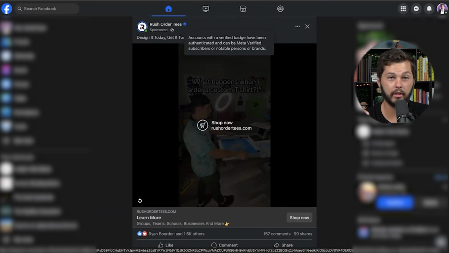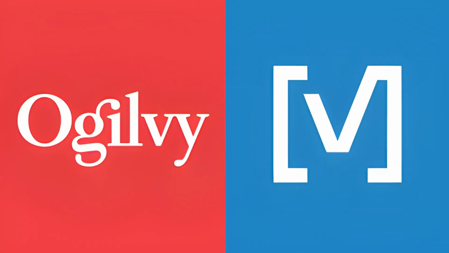And it doesn't actually look like an ad, which is where we're seeing a lot of this creative start to transform into. Modern creative isn't looking like a stagnant image out of Ogilvy and Mather, which is one of the most famous advertising and marketing agencies out there. One of the things that they're actually seeing be really successful now on these platforms is ad creative that looks like standard organic posting.